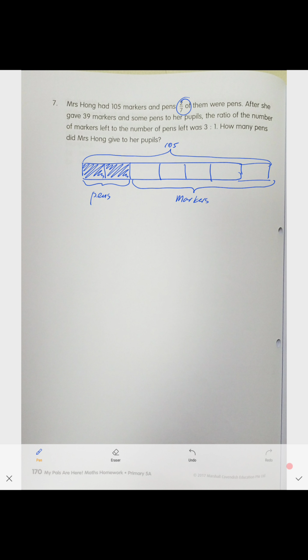All right. After she gave away, let's think about the number of pens first. Number of pens we can calculate easily. The fraction is 2/5. Oh, sorry, 2/7.